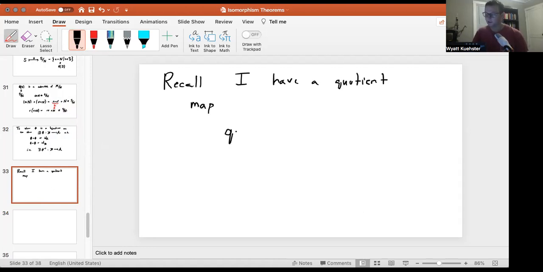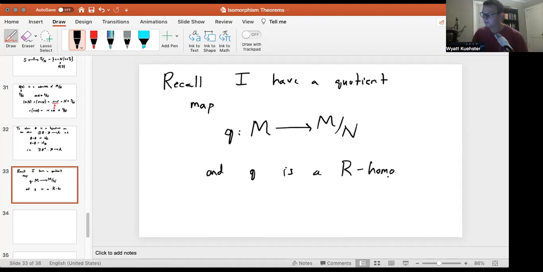And I called it Q, that goes from M to M mod N. And Q was actually an R module homomorphism, and it's surjective. So it's a surjective R module homomorphism.